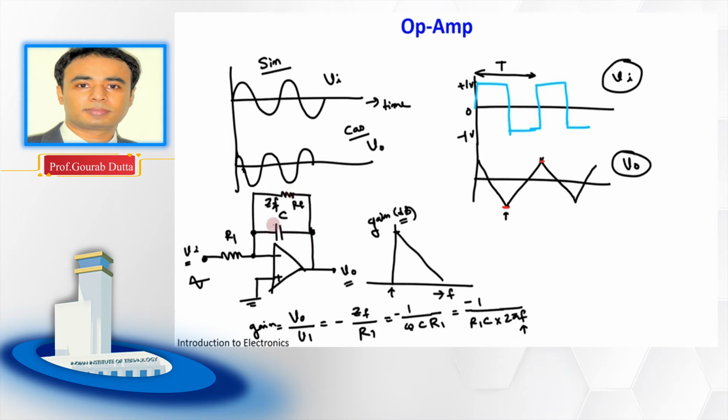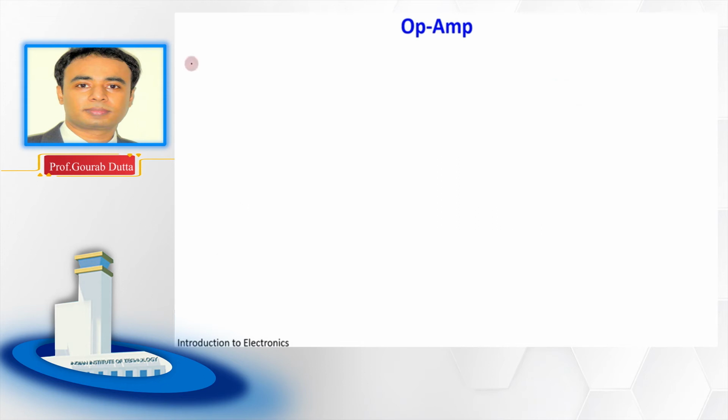Now suppose you interchange the position of this capacitor and this resistor, then the output you get will be something interesting. If this circuit behaves as an integrator, then interchanging the position of the capacitor and the resistor makes the circuit behave as a differentiator. So let us see that in the next page. Op amp differentiator.